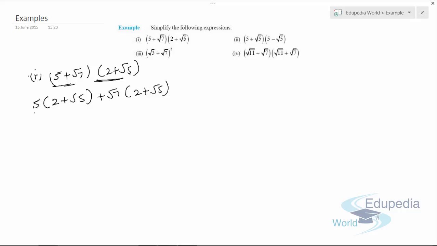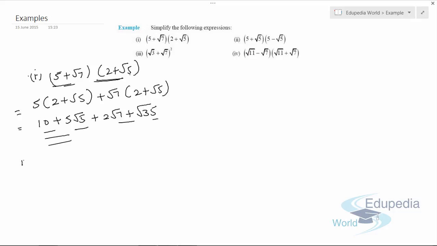So the answer will come out to be 5 into 2 is 10, plus 5 into √5 is 5√5, plus √7 into 2 is 2√7, plus √7 into √5 is √35. What we can do further is, there are no like terms, so we cannot add or subtract any terms. So this is our final solution.